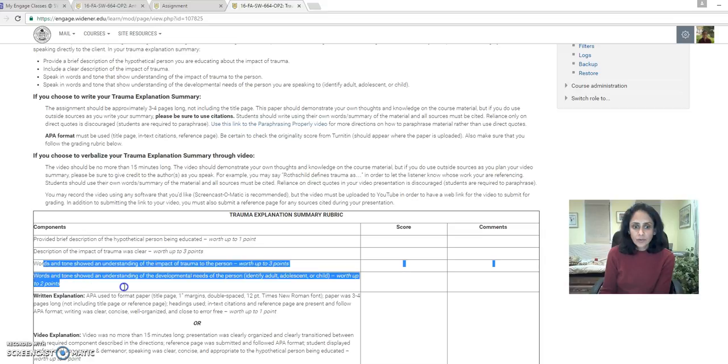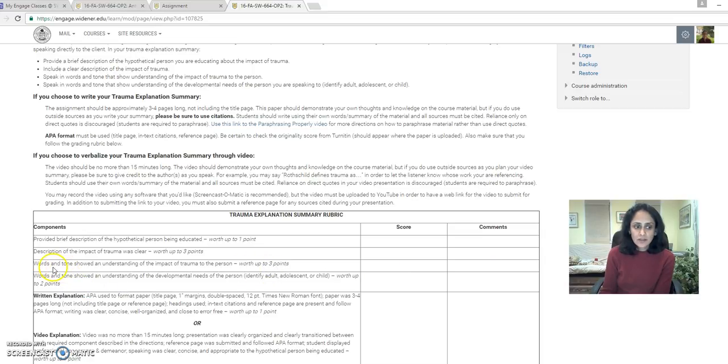Now these 2 are easy points, worth up to 3, and 2 points is your words and tone. So one is that you have to show an understanding of the impact of trauma to the person. Okay? And so honing into what they must have felt. Abandoned, neglected, lack of trust.